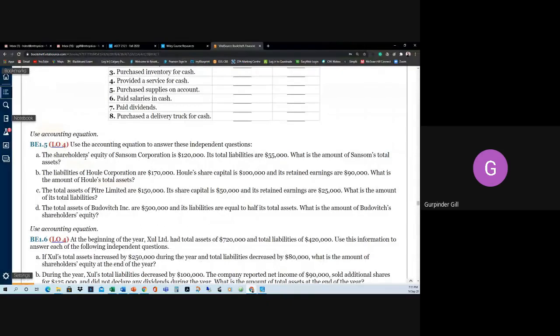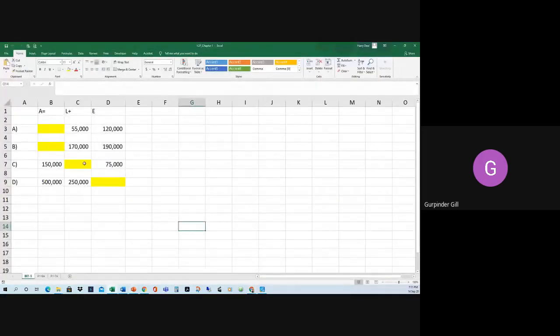It's coming from here: the shareholders' equity section of Samsung Corporation is 120,000 and their liabilities are 55,000. What should their assets be? If our accounting equation is assets equal liabilities plus equity, then liabilities of 55,000 and equity of 120,000 is exactly how much our assets should be.